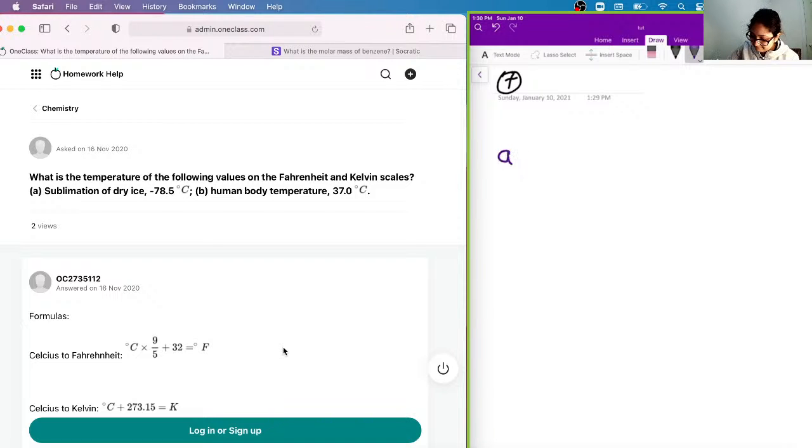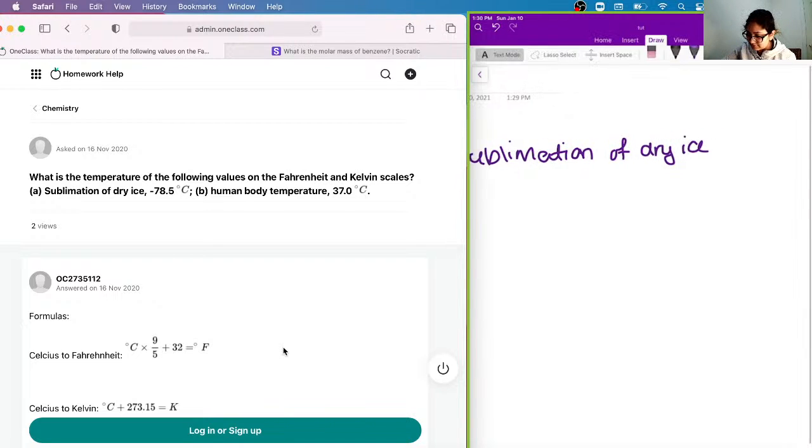So A. Sublimation of dry ice at negative 78.5 degrees Celsius, right?